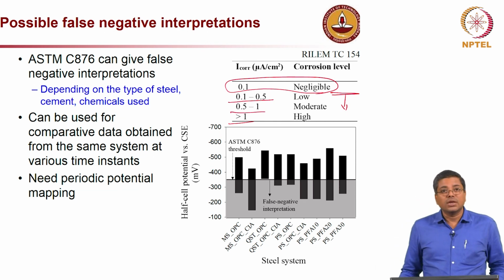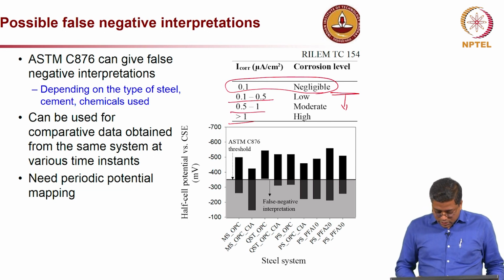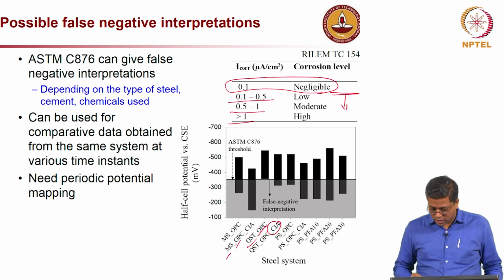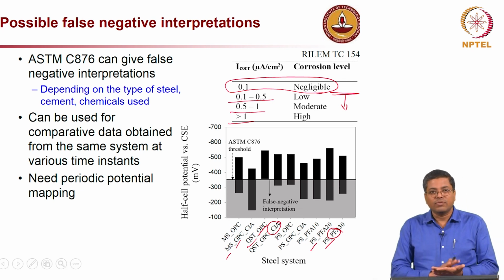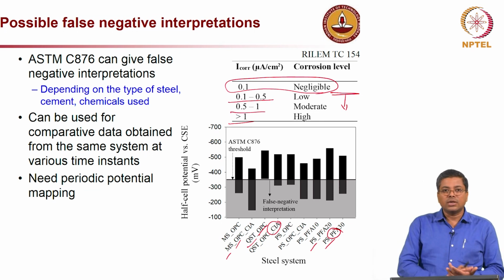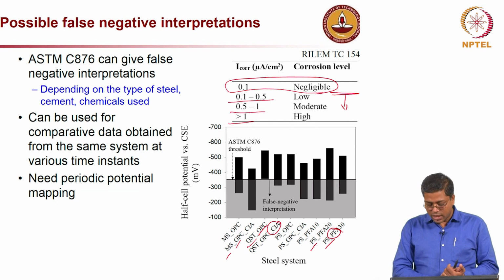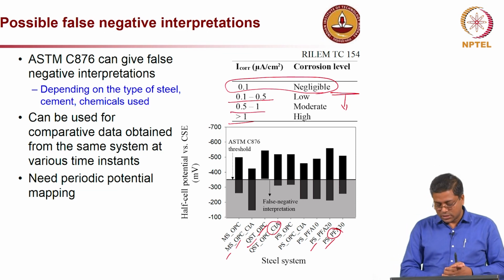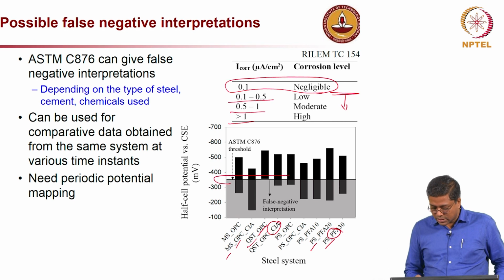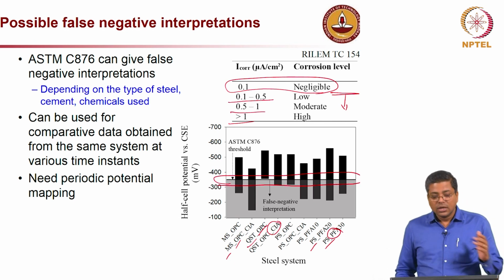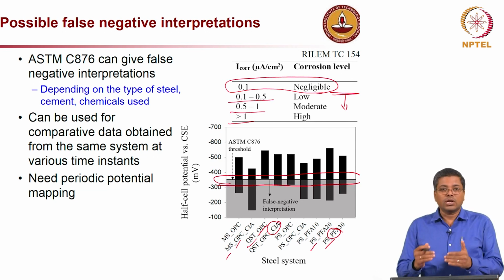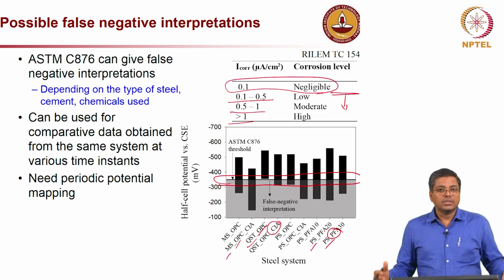We did some tests in our laboratory with mild steel with OPC concrete, TMT or QST steel with OPC concrete, also with corrosion inhibitors, and pre-stressing steel with fly ash of different dosages. With different types of fly ash, different SCMs, corrosion inhibitors and two types of steel, we found there could be significant misleading information if you blindly follow ASTM C876. C876 says that if the potential is below the critical potential, let us say minus 350 millivolt, then there is 90% probability of corrosion.